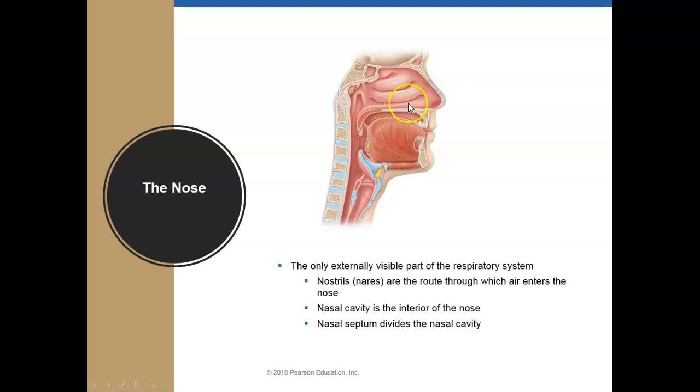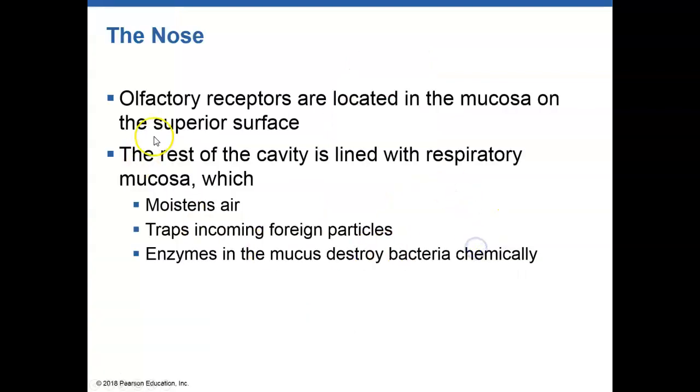There is a nasal septum formed by the vomer bone and the ethmoid bone. And air moves to the back of the nasal cavity and then eventually goes into the pharynx.